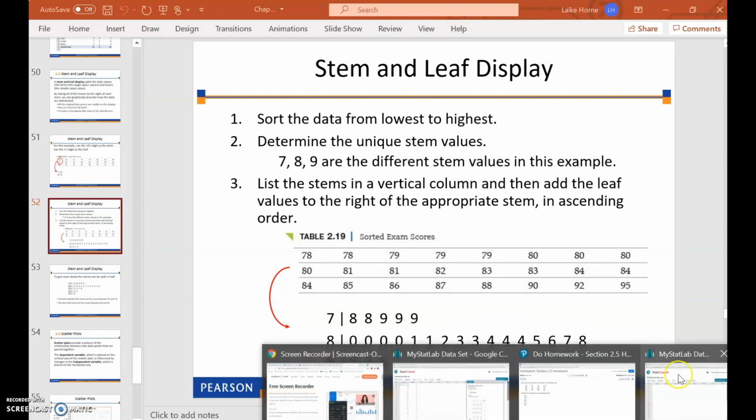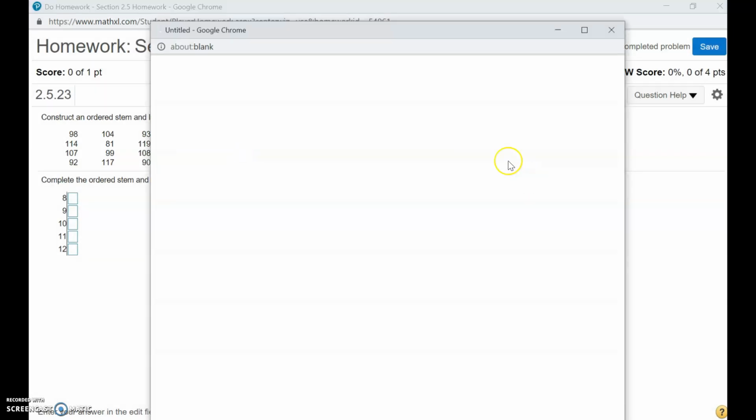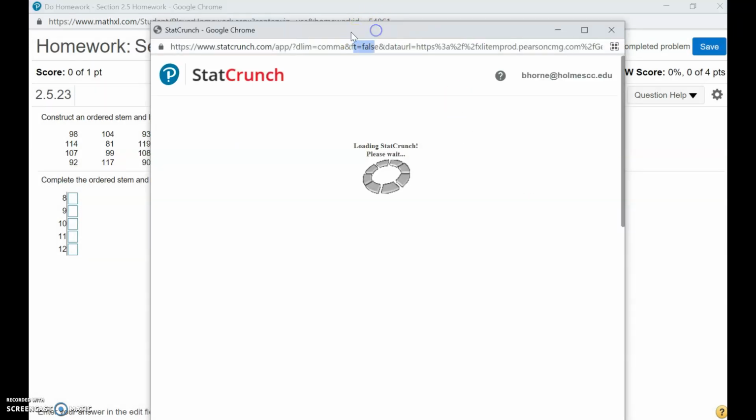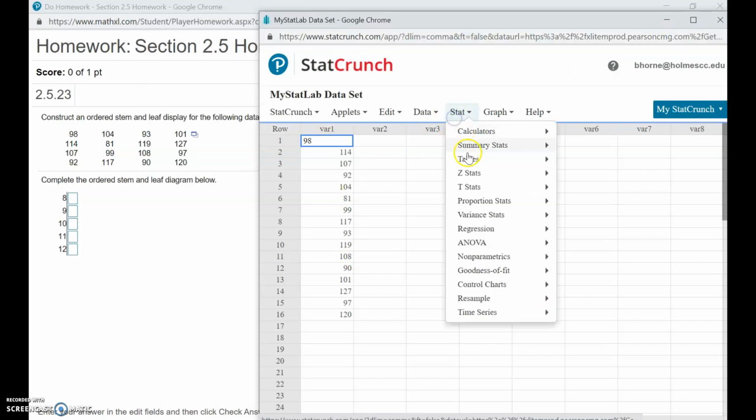So let me show you. What you would need to do here is put these numbers in order. You can do that in Excel. It will sort them. But I'm going to show you how you can make a stem and leaf display in StatCrunch. You still need to know how to read this stem and leaf.